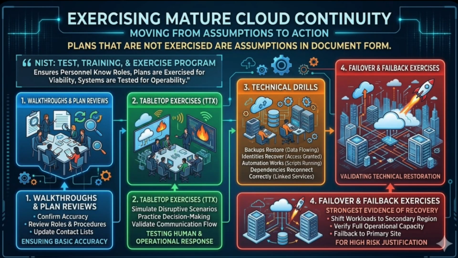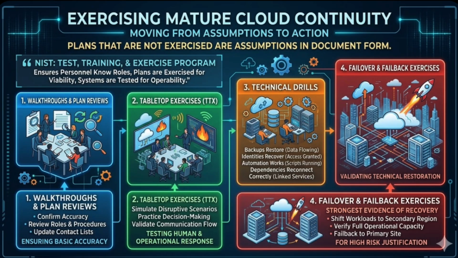Plans that are not exercised are assumptions in document form. NIST defines a test, training, and exercise program as a way to ensure personnel know their roles. Plans are exercised for viability, and systems are tested for operability. A mature cloud continuity program uses several levels of validation. Walkthroughs and plan reviews confirm accuracy.